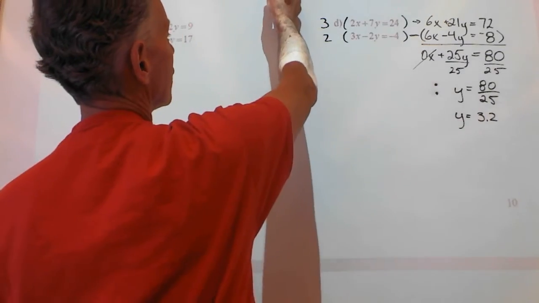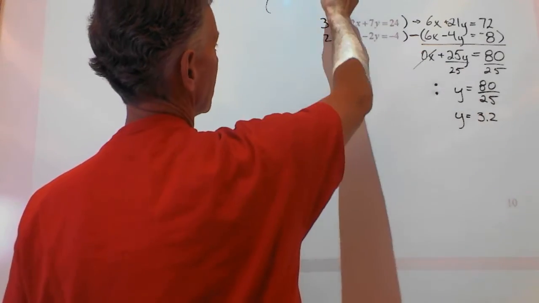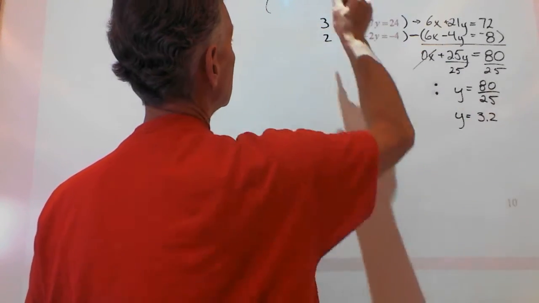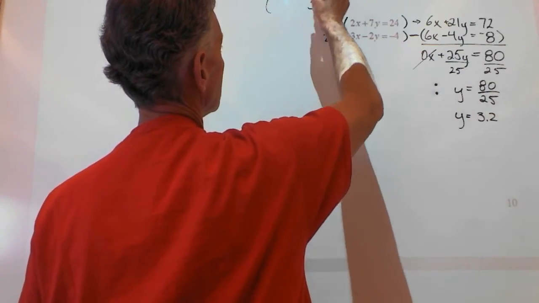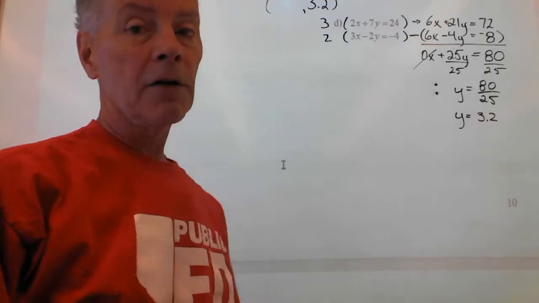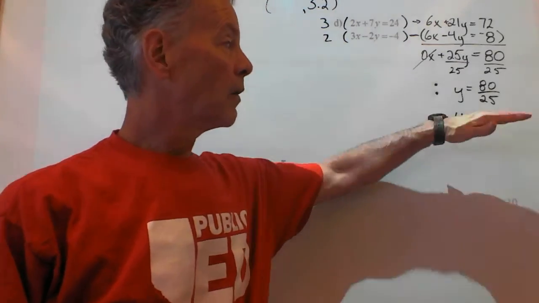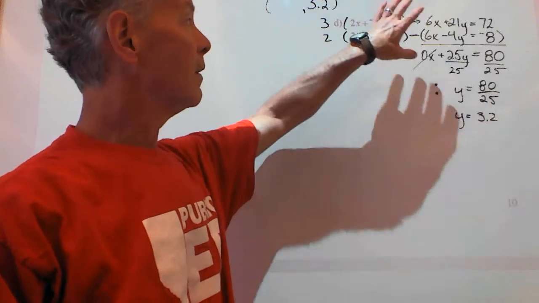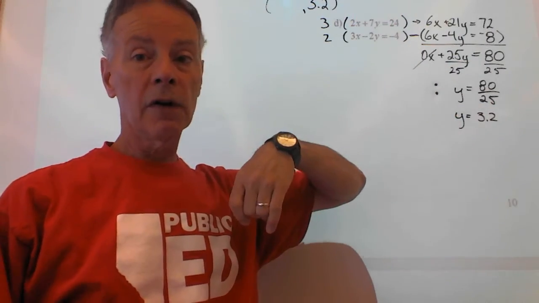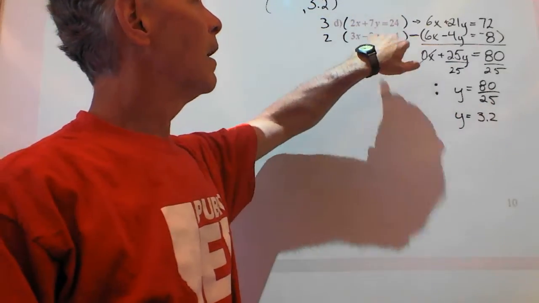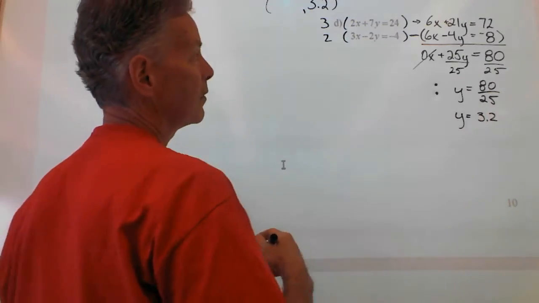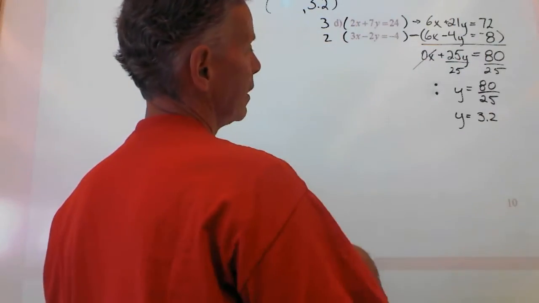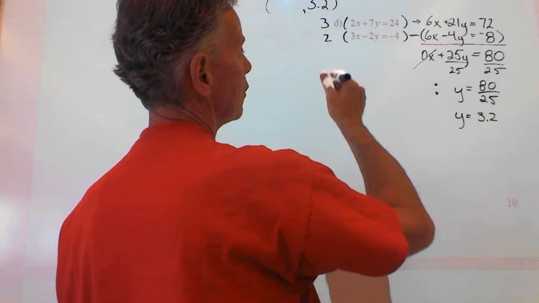So, we've got our x, or sorry, in this case we've got our y. It's 3.2. Now let's find our x. So again, plug the value of your y into either one of your equations, it doesn't matter which, and solve for your unknown. Okay, so I'm going to pick the second equation.